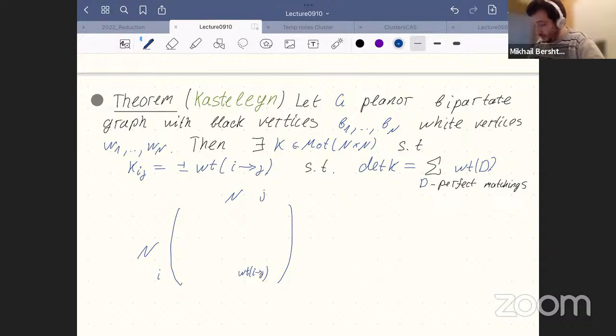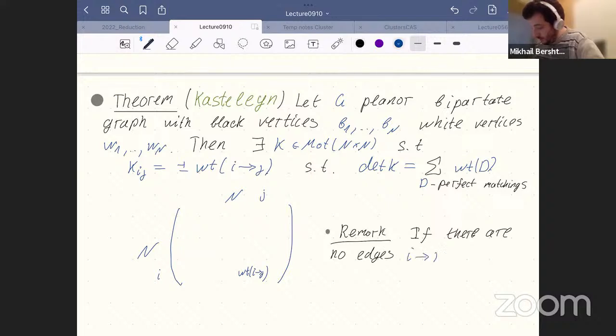For example, if there are no edges from i to j, then Kij is equal to 0.